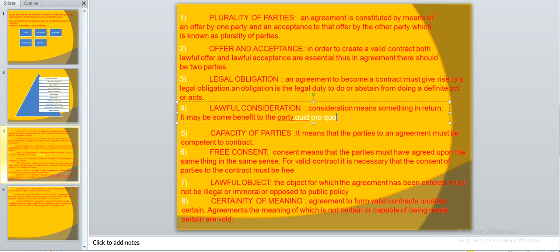Okay, so the next one is capacity of parties. All people are not able to enter into a contract. There are some restrictions according to the law, and based on those restrictions we need to enter into contracts. As per the law, we cannot enter into a contract with minors, drunkards, mentally unsound persons, or those who are convicted by a court of law.